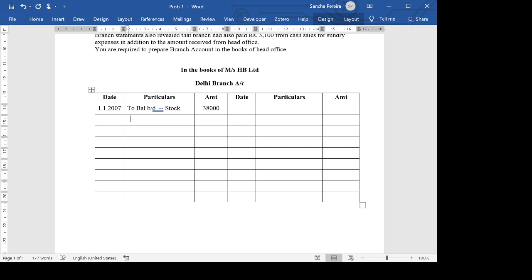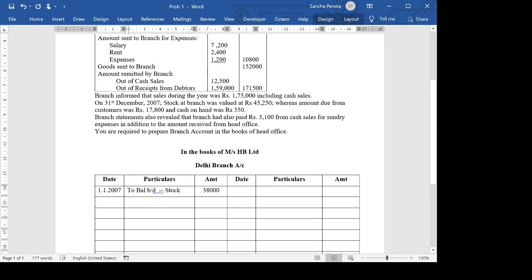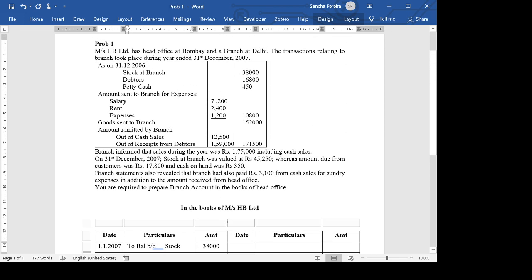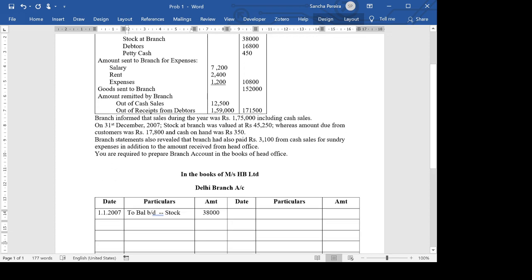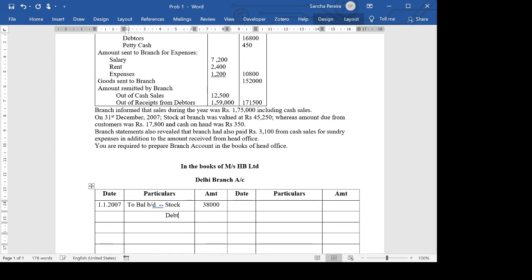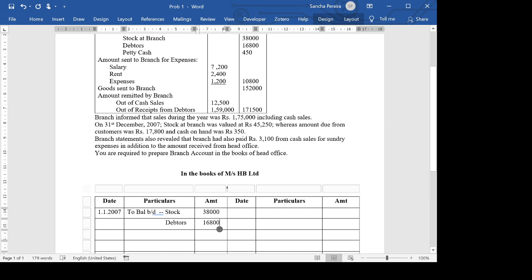Then there is debtor 16,800. And we have petty cash, 450.